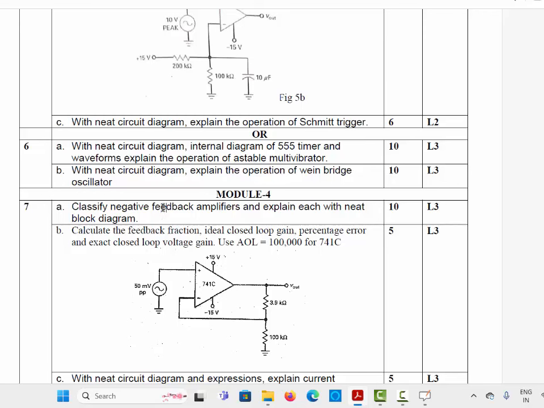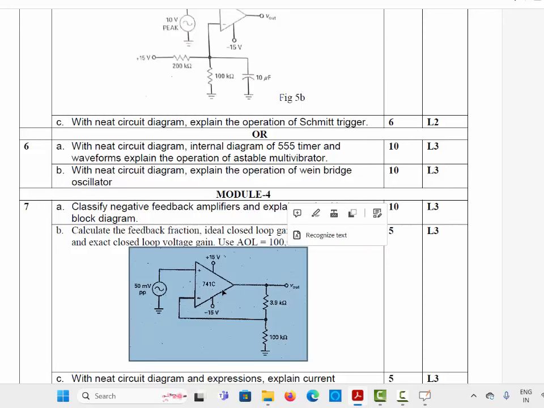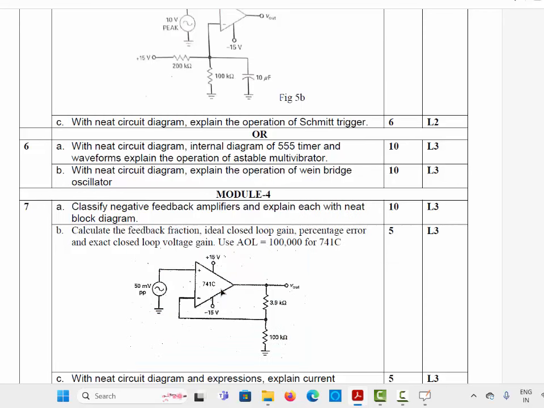Let us do this. In 7B, a diagram is given. We need to calculate the feedback fraction, it means the fraction of feedback B, the ideal closed loop gain, percentage error and exact closed loop gain, and we have to use the AOL value as given in the question, and the IC is 741C. Let us solve this problem.